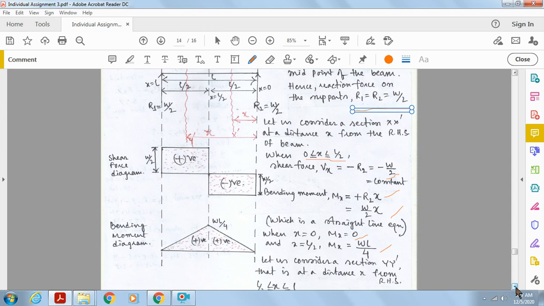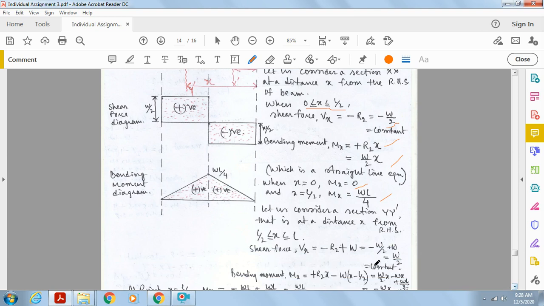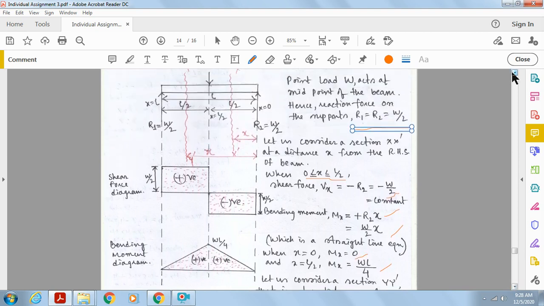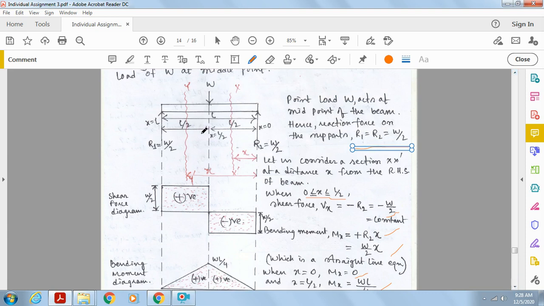Similarly we will consider another section y dash. It is also at a distance x from the right hand side. So when x is between L/2 and L, the shear force Vx will be, with respect to this y dash section there are two forces, one is W vertically downward and R2 vertically upward.